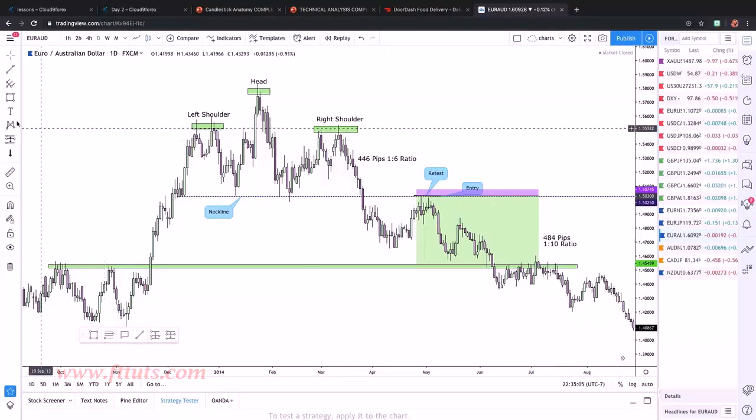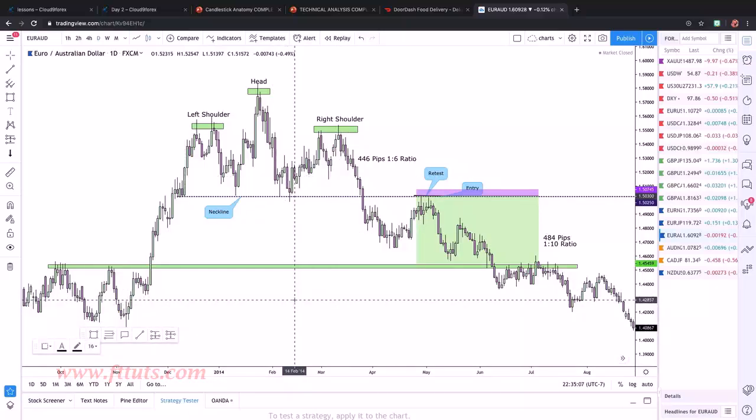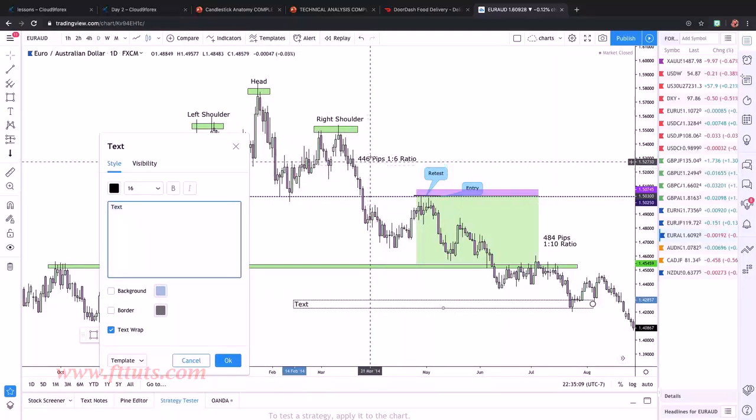So if you calculate 484 plus 446, that equals about 930 pips.